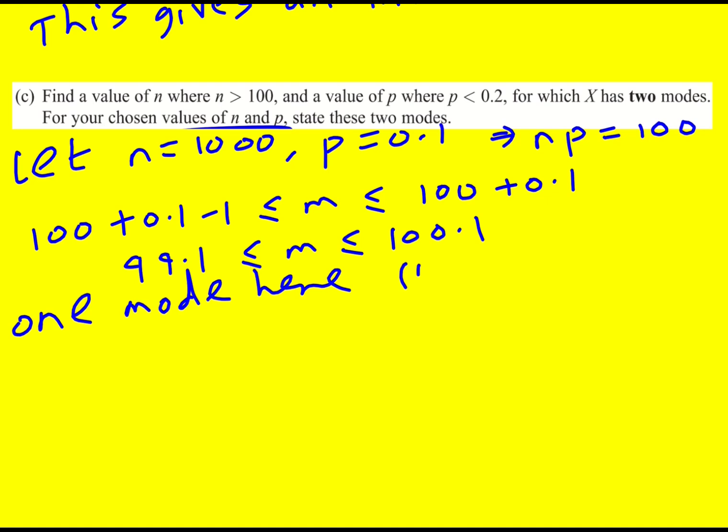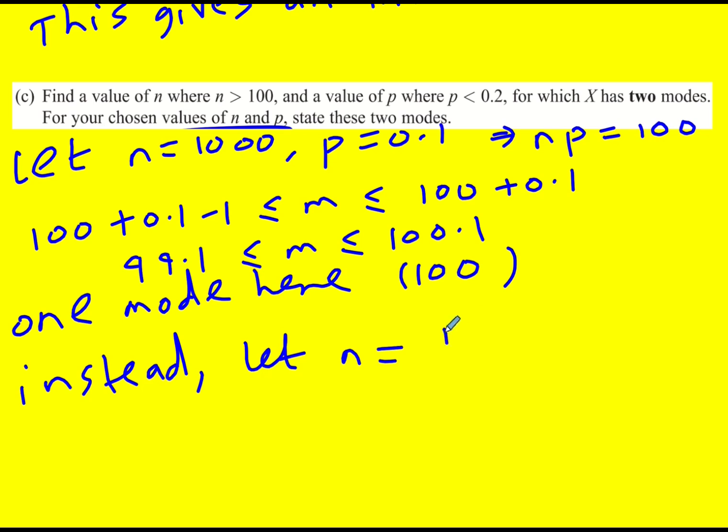In fact, it would be 100 because remember it always has to be a whole number. So instead, let n equal 999, and p can still be 0.1. So then np is 99.9.